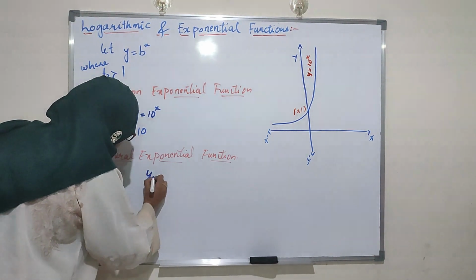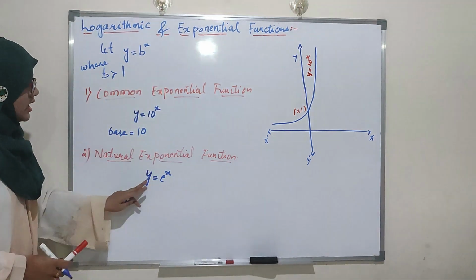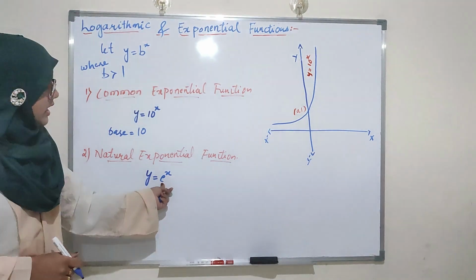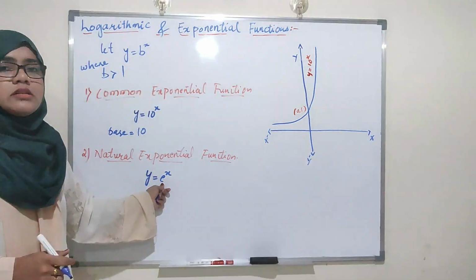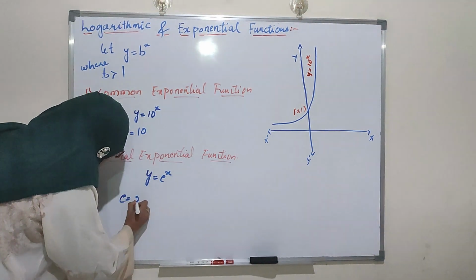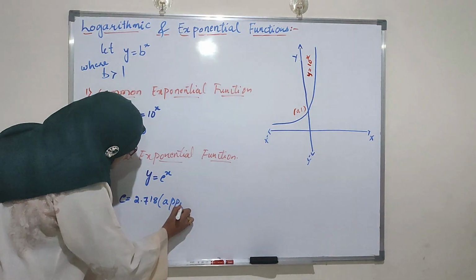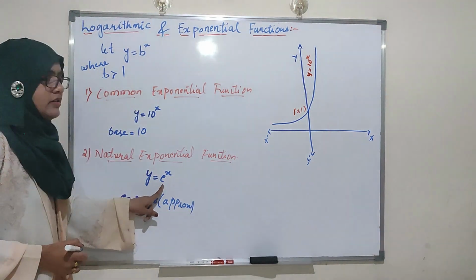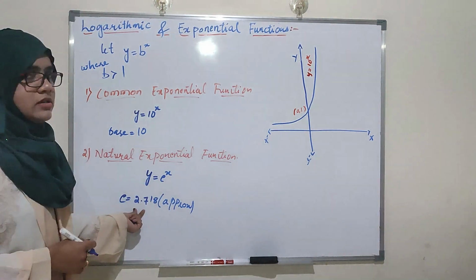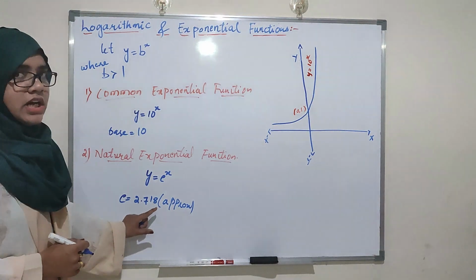Consider a function y is equal to e raised to power x. Remember this: in the natural exponential function, we have the base e. Here e is Euler's constant, and we take e as approximately 2.718. It is known as Euler's constant, and its value is 2.718.